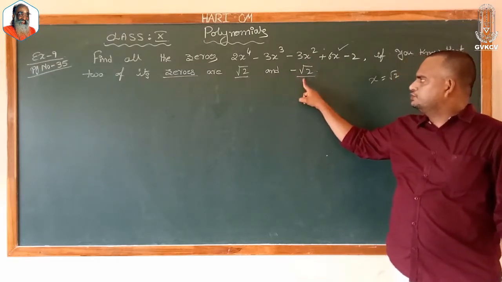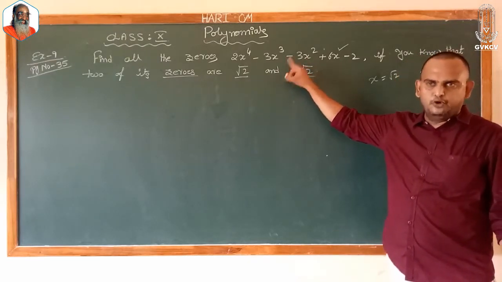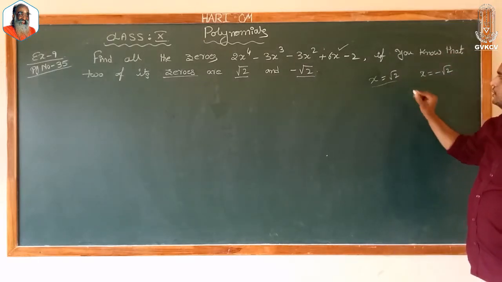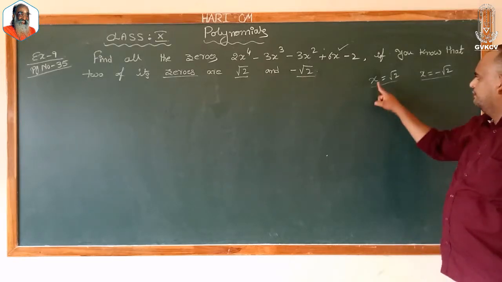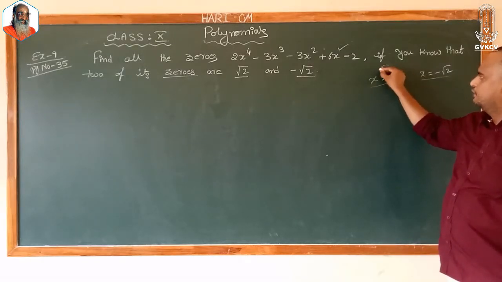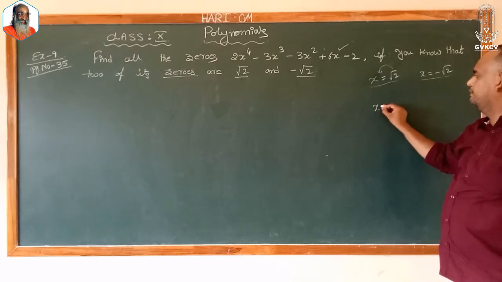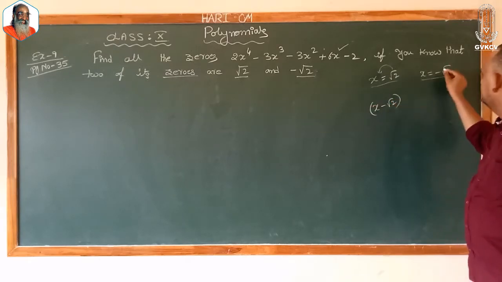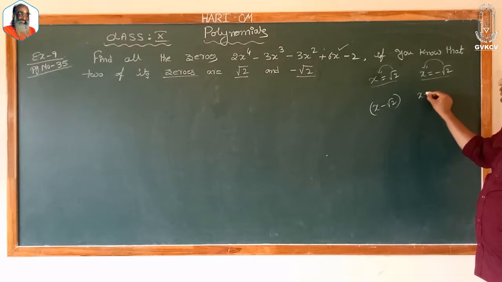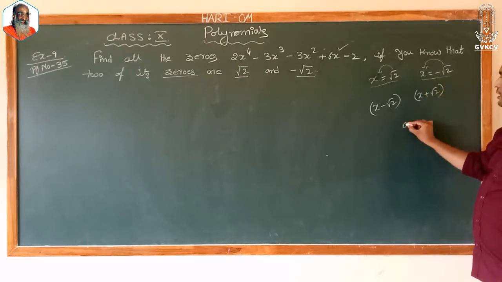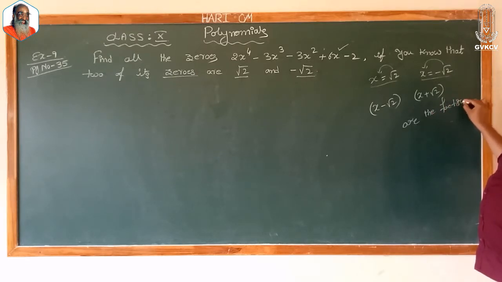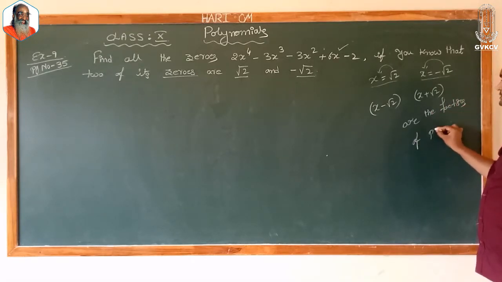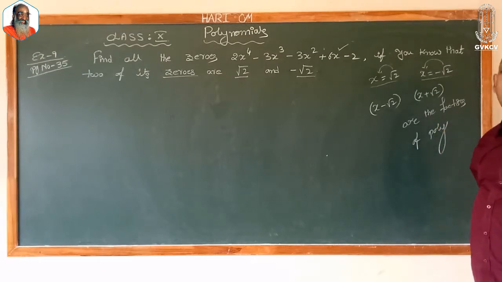When x is equal to root 2, minus root 2 comes here, so we have x minus root 2. Here minus root 2 comes this side as plus root 2, so x plus root 2 are the factors of the polynomial. This concept you have to know.